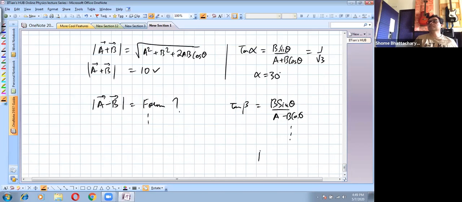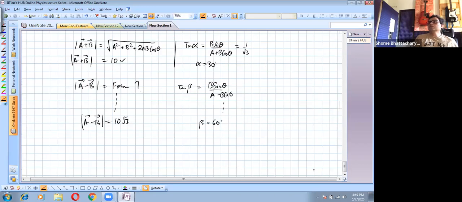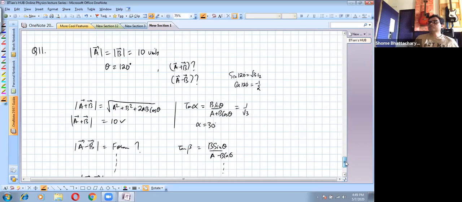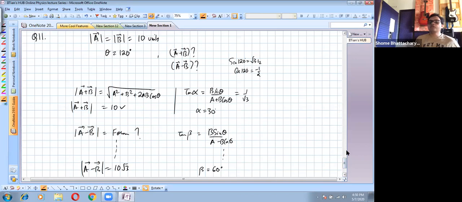You will get beta as 60 degrees and you will get mod of A minus B as 10 root 3. Okay. So this was more or less about the direct application of the triangle law formulae for both sum and difference in the same question.